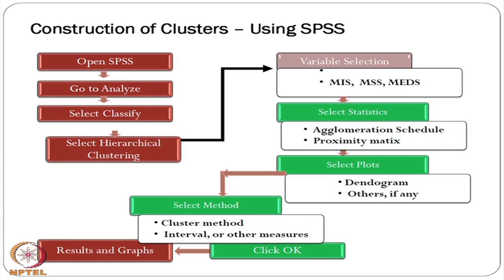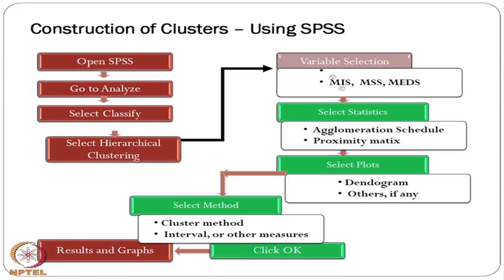Now, I will show you, suppose you want to run SPSS for clustering, how do you go about it? In a few classes I have shown you how to run SPSS for different models, and this is the flow chart for running SPSS for clustering. You open SPSS, go to analyze, then select classify, select hierarchical clustering, then you select variables.